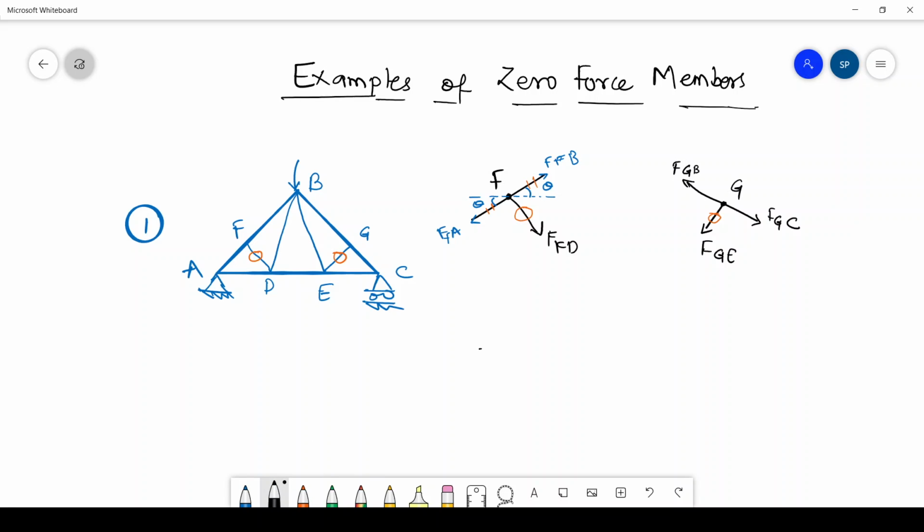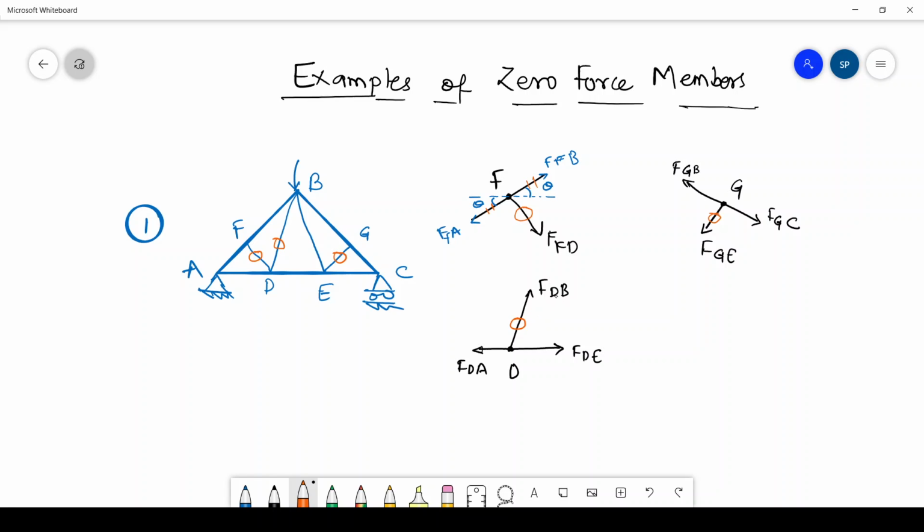Now if you look at joint D, what is happening? DF has become already 0. So there remains force along DB, force along DA and force along DG. As there is no external load acting at joint D, once again this member force will be 0. Now it is very simple here.